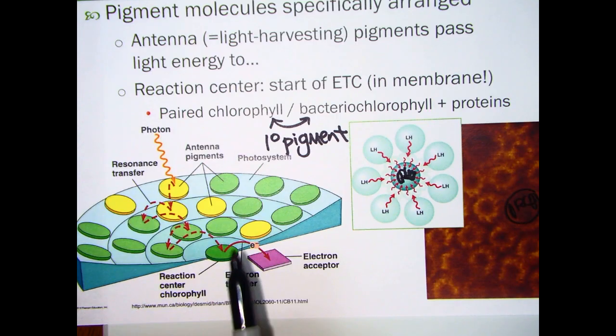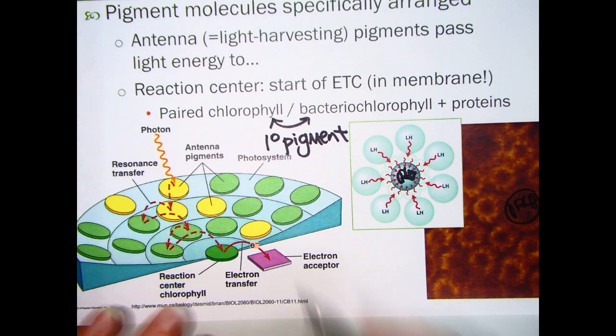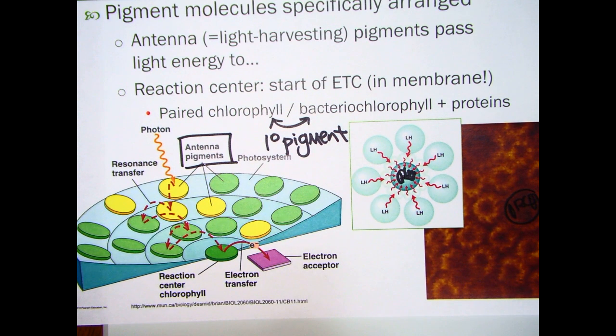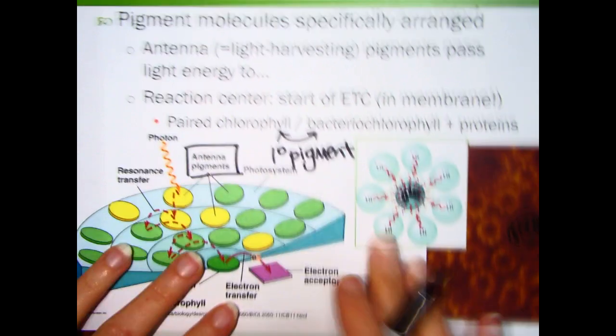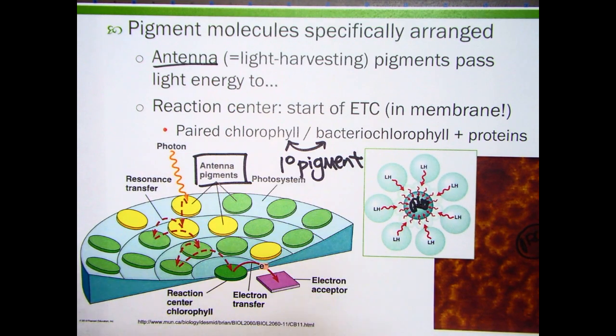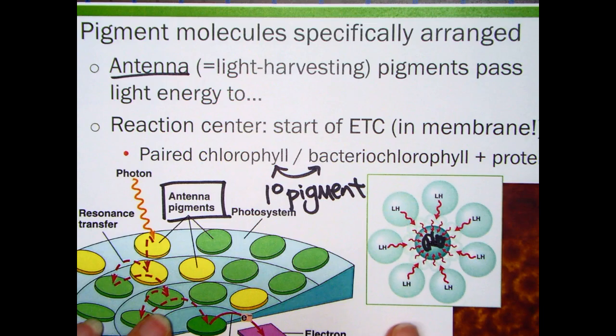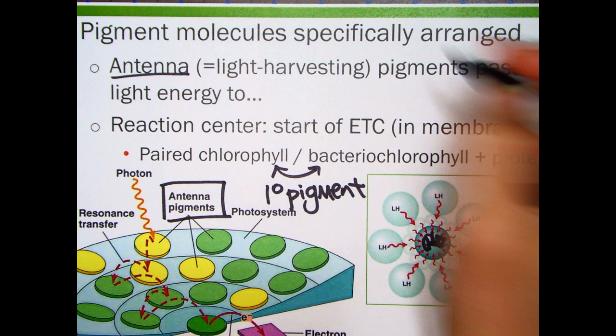Then, in rings around that are what are called either the antenna pigments, well, you can read here, antenna pigments, also called the light harvesting pigments. And so light harvesting pigments are pigments that harvest energy from the light.